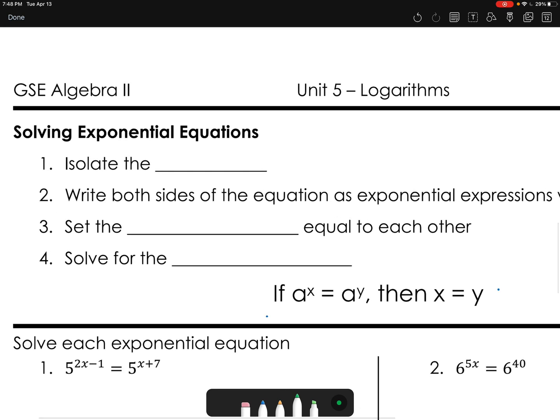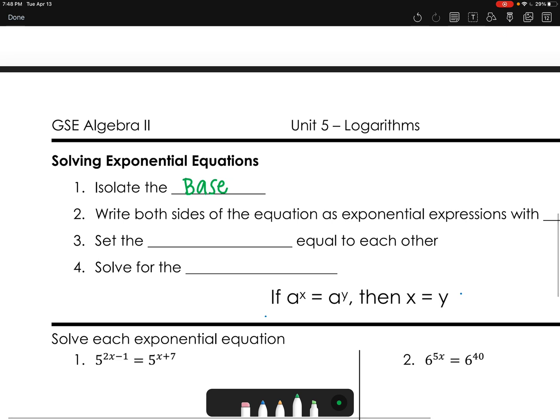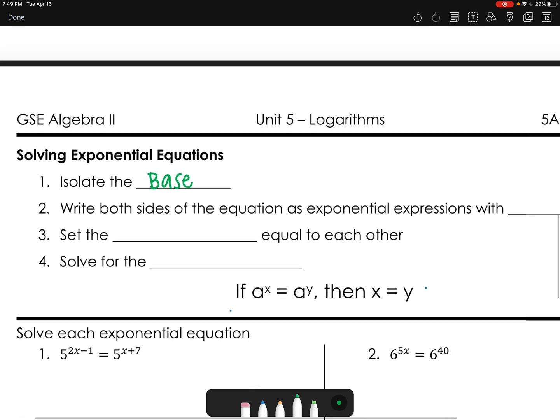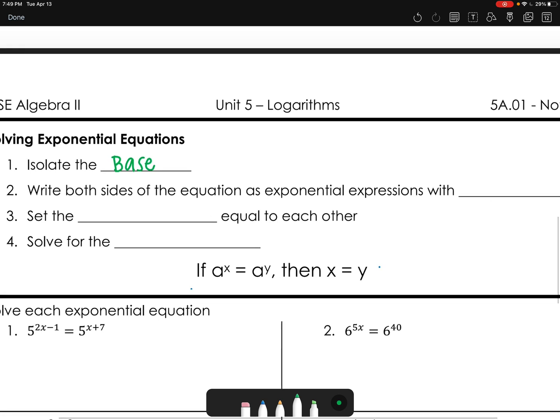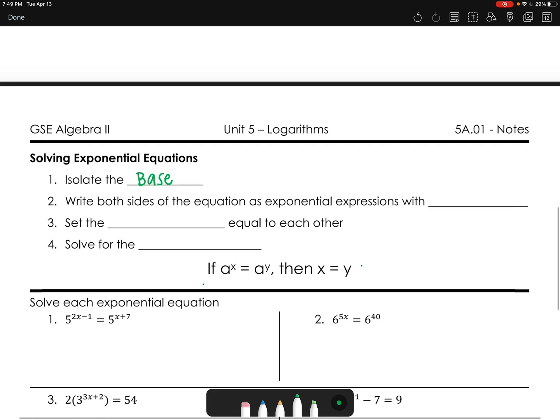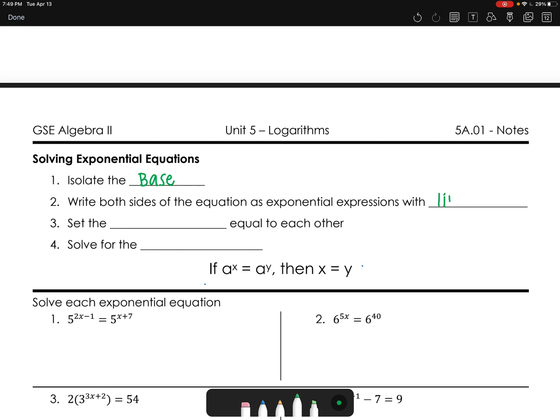So the first thing you want to do is isolate the base. You're trying to get that number that is attached to your exponent completely by itself. From there, you're going to write both sides of the equation as exponential expressions with like bases.